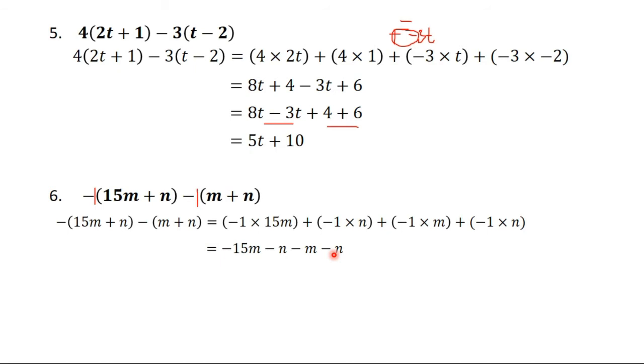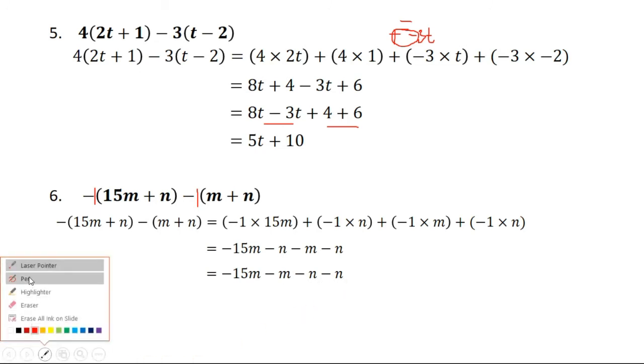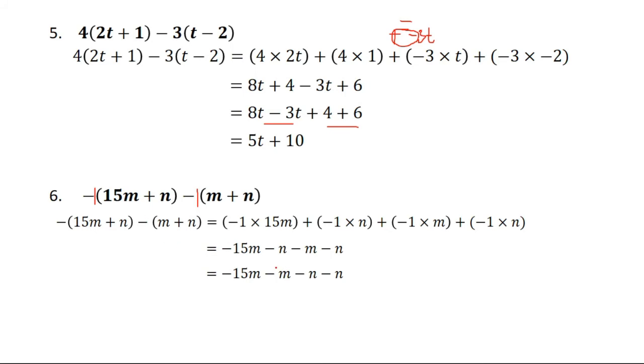From here, we group like terms. So in grouping like terms, we are going to have the m's at one side and the n's at one side. If you group the m's, you are going to get minus 15m minus m minus n minus n. So all these variables with no coefficients attached to them, what it means is that they are all 1 in front of them.